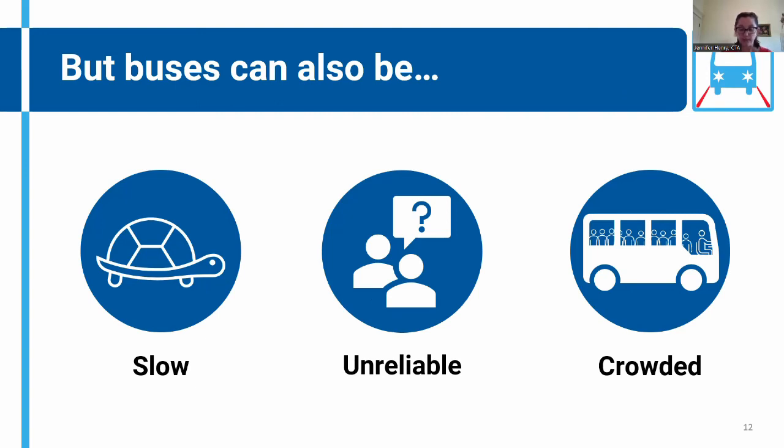CTA and CDOT believe bus service can be better and that bus riders matter. We want to develop the Better Streets for Buses plan to lay the groundwork for ongoing improvements to the bus riding experience. To be clear, street infrastructure is not the only factor that makes a bus trip good or bad, but it is one important piece of the puzzle. Now I'm going to hand it over to Jason to talk more about that.